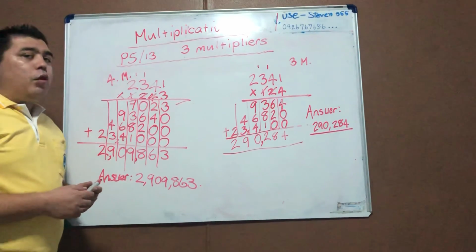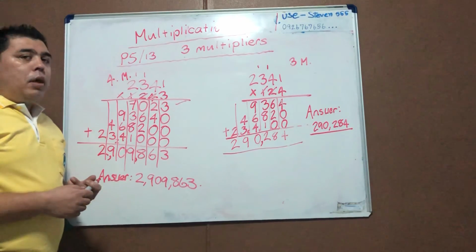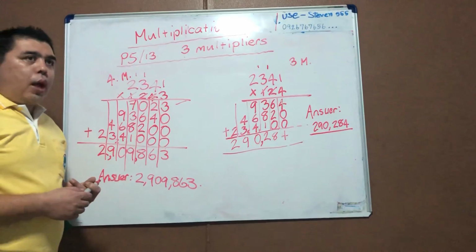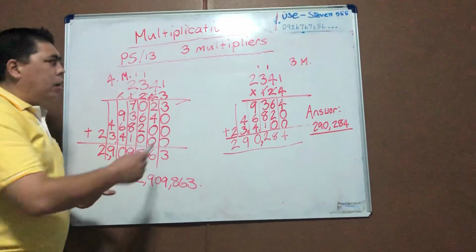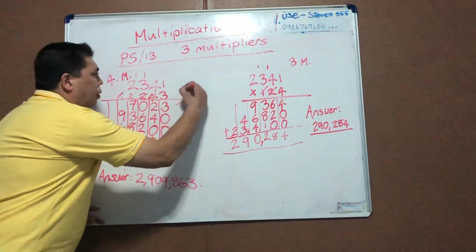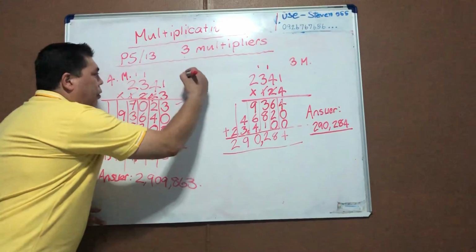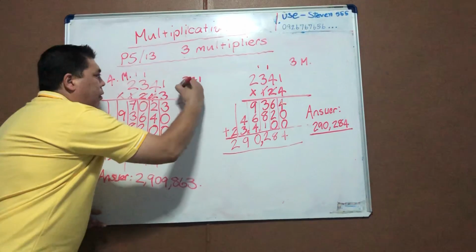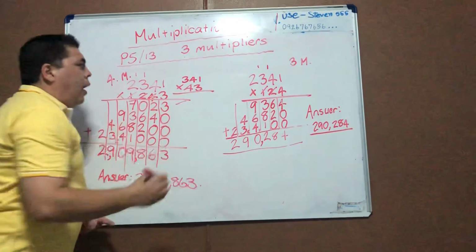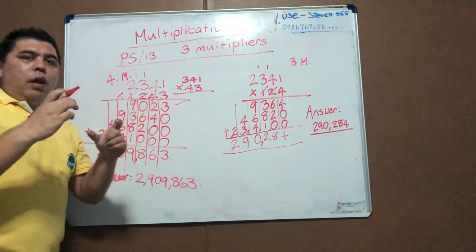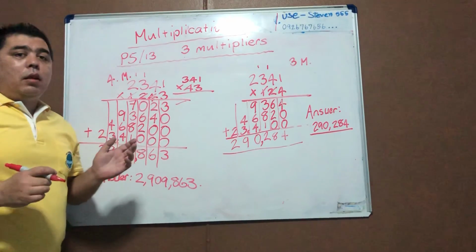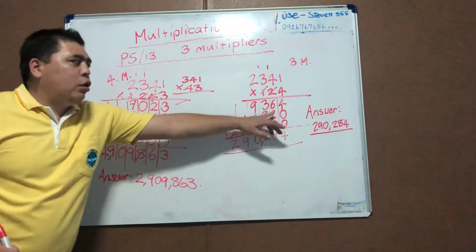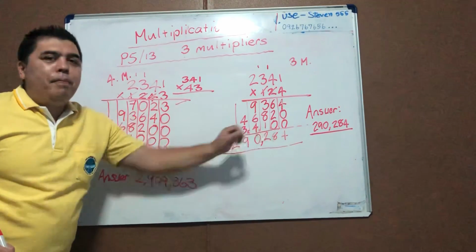If you don't understand, then maybe you can practice and take a picture and send it online. But I think that you should understand, because it's just adding more zeros.